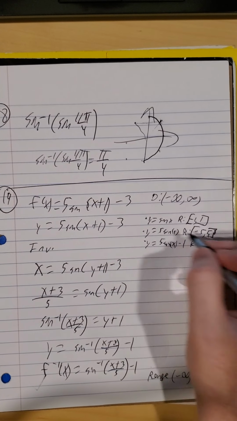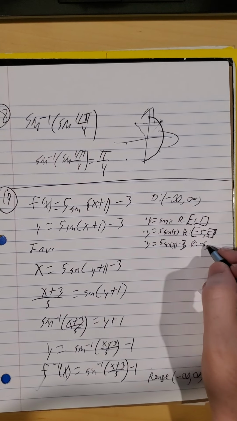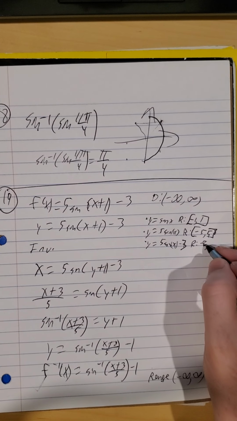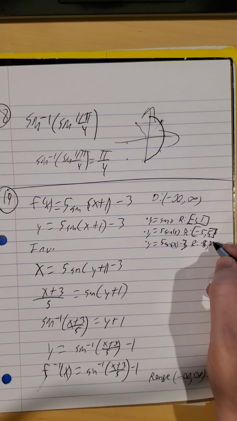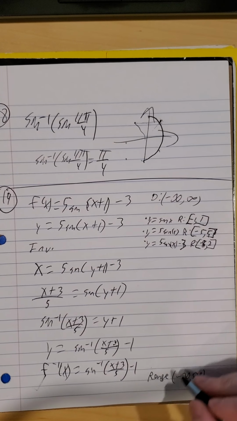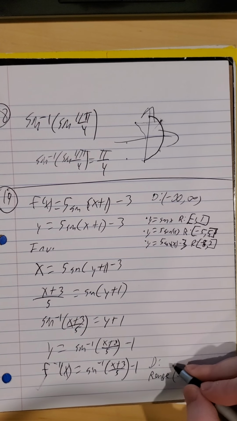Oh, down 3, my apologies. -3, so we would drop down 3, so -8 to +2. That is now our domain.